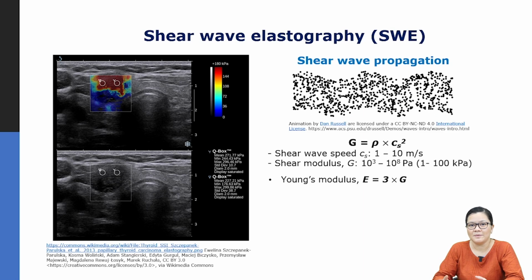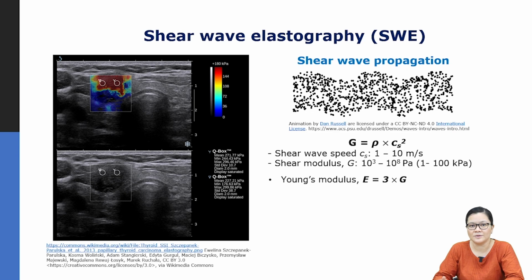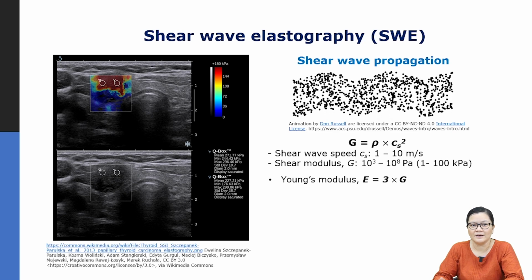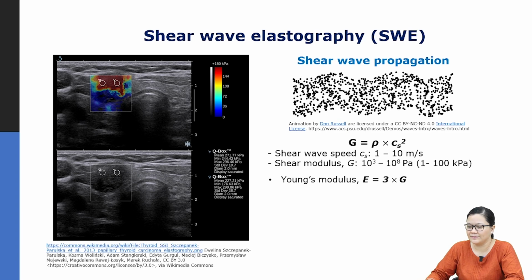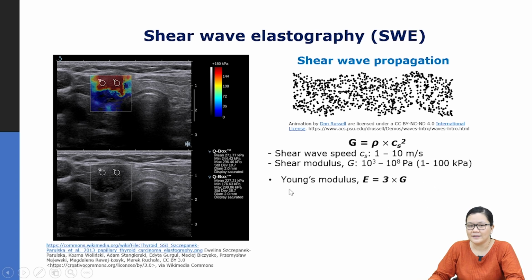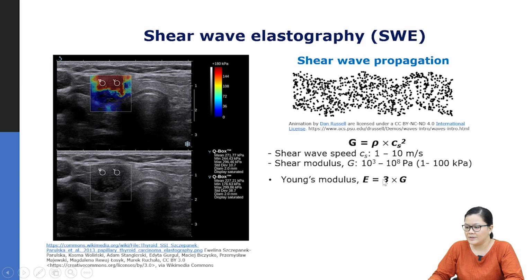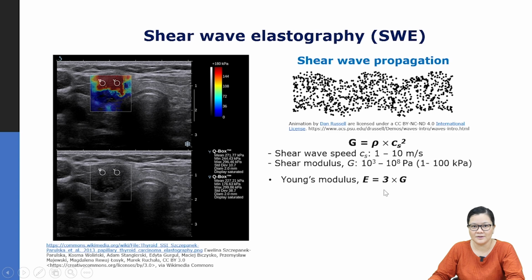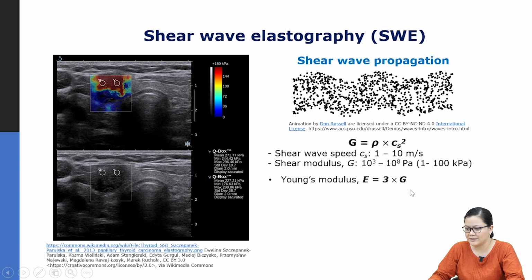That way, you'll be able to differentiate between different tissue types, as well as between healthy and diseased tissue quite well. Moving further, you can also estimate the Young's modulus, denoted by the parameter E, which equals 3 times the shear modulus.